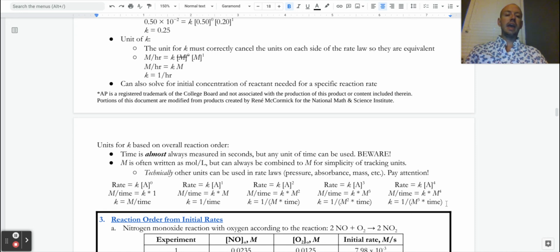Every time the K has a time on the bottom, and it has however many molarities are on the bottom necessary to cancel out all but one of the molarities, because we want one molarity on top and a time on bottom on the left. So we'll practice this with some problems, and then we'll also see that there are other methods to get the rate law using data from experiments.